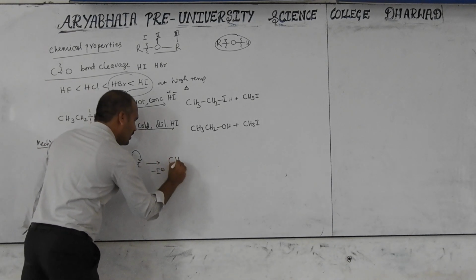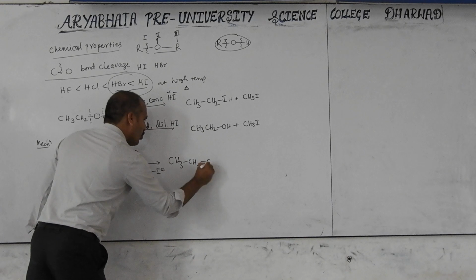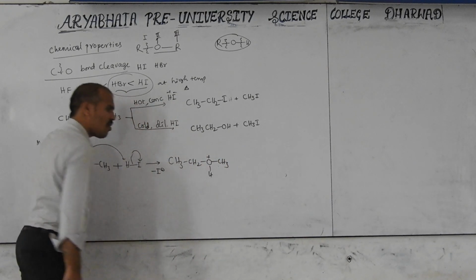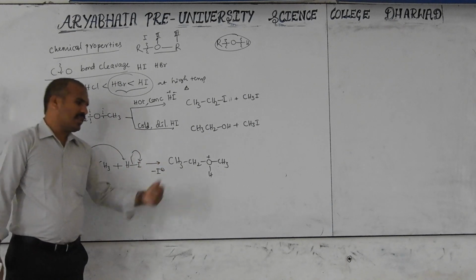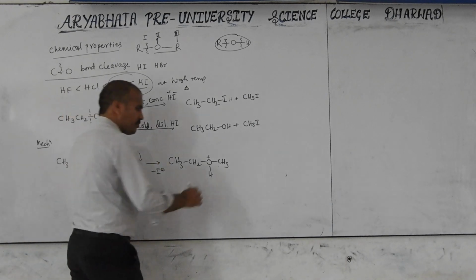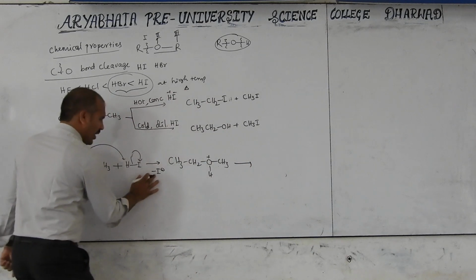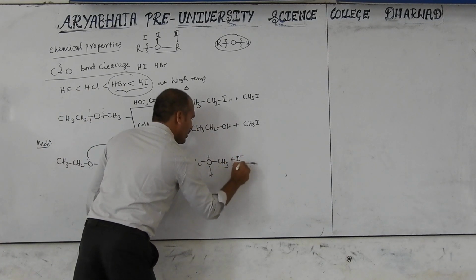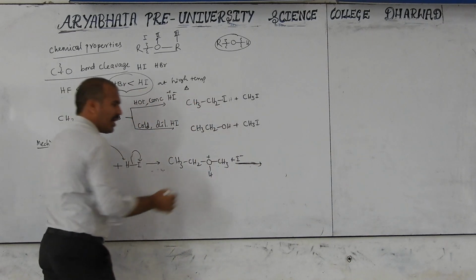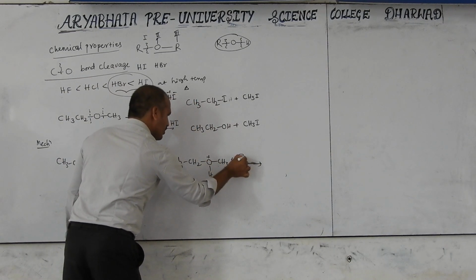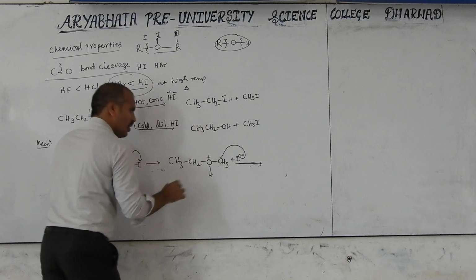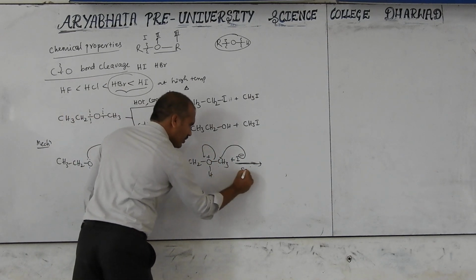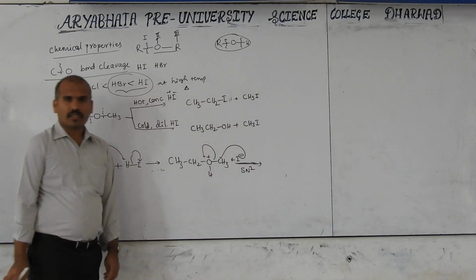Then CH3CH2OH and CH3, with a positive charge, in this form. Now this I minus will attack the smaller one, and this will be eliminated. Which type of reaction is this? SN2 reaction.